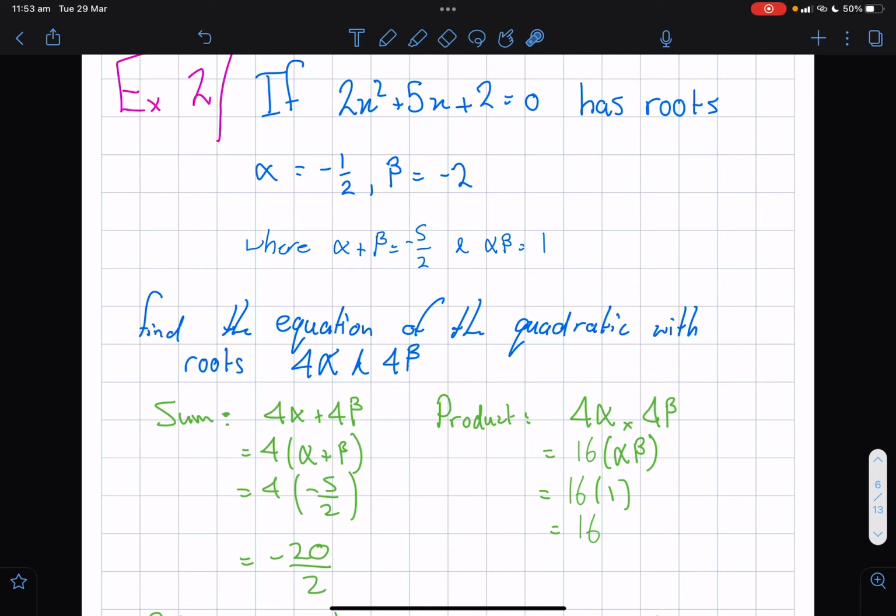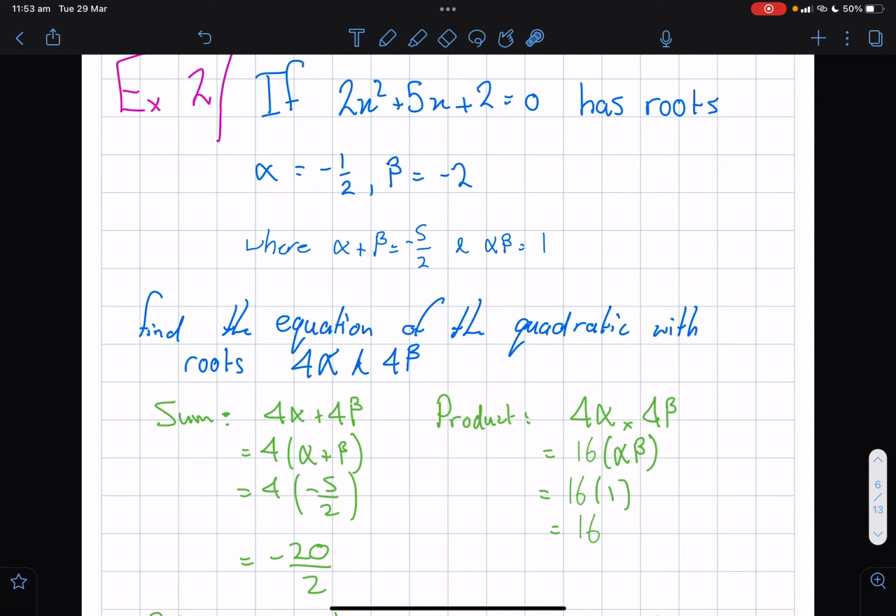So 4 alpha plus 4 beta, we could take out a factor of 4, okay? So we've got 4 times alpha plus beta, but up here, I calculated alpha plus beta to equal negative 5 on 2. So 4 times negative 5 on 2 equals negative 20 on 2. Now you may be tempted to simplify this fraction, but you'll see why I leave it in this form in a second.